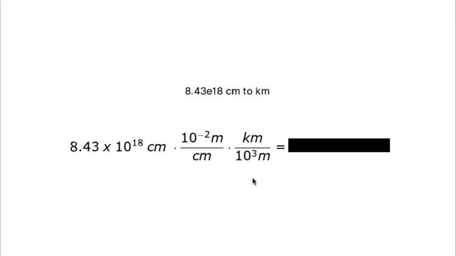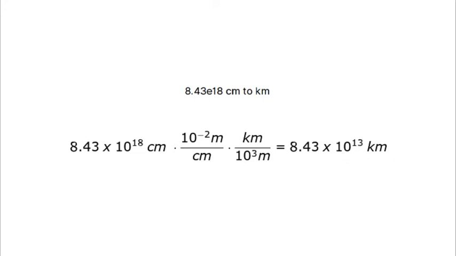I can either use my calculator or use some mental math. Notice 10 to the 18th times 10 to the negative second would be 10 to the 16th. 10 to the 16th divided by 10 to the third is 10 to the 13th. And so we have 8.43 times 10 to the 13th kilometers.